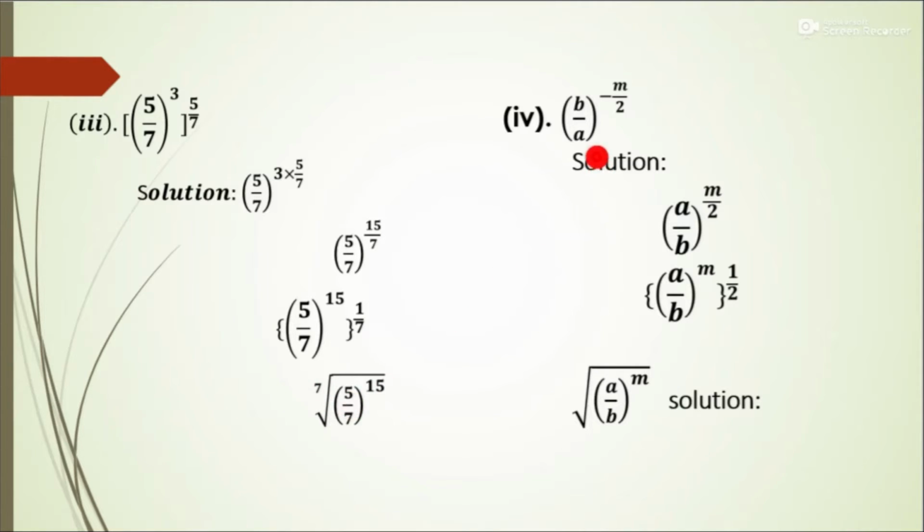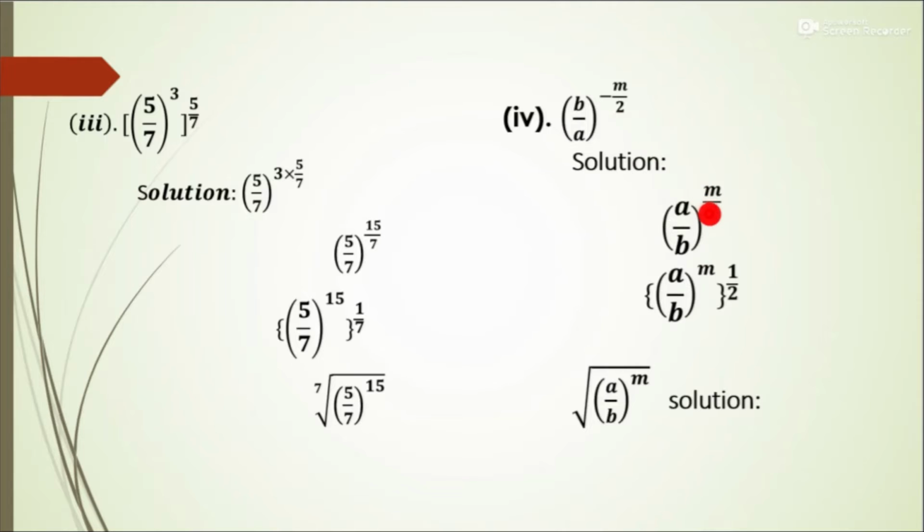Now question number 2, question number 4. Again we change into radical form. First of all, a upon b with a minus sign, we will change into b upon a. We take the reciprocal of b upon a. Now for a upon b, we change the minus sign into plus sign when we take the reciprocal of the fraction.